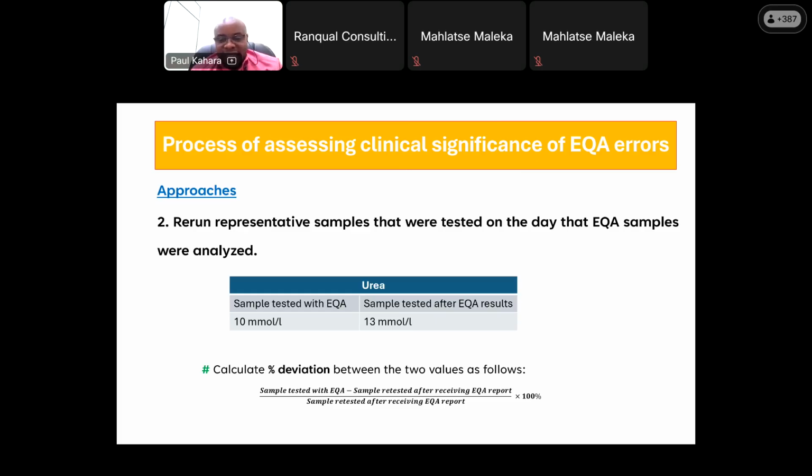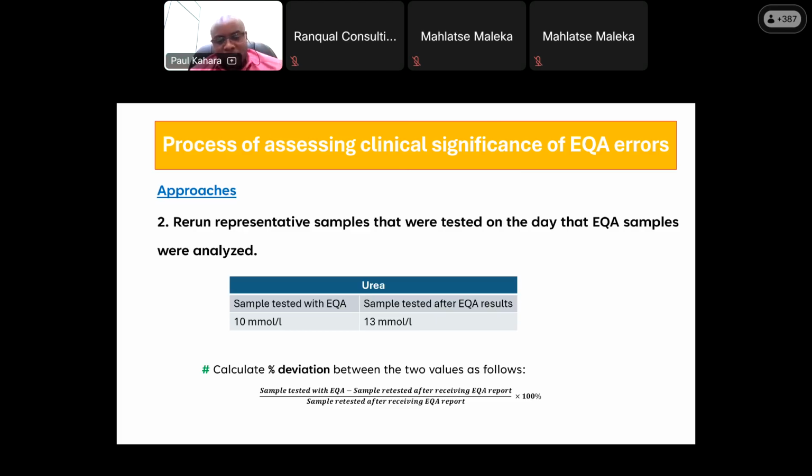So what I'm suggesting here is, on the day that you are running your EQA samples, and I may want to hear what the different laboratories are doing, you may consider keeping some samples to be used for repetition later on, just to confirm that the patient samples were not affected. In this approach, you rerun a representative number of samples that were tested on the day that EQA samples were analyzed.